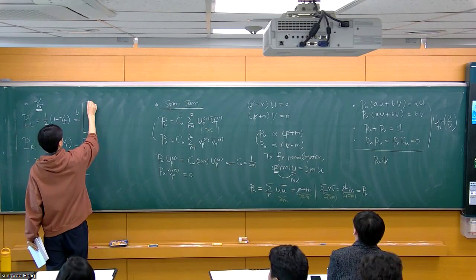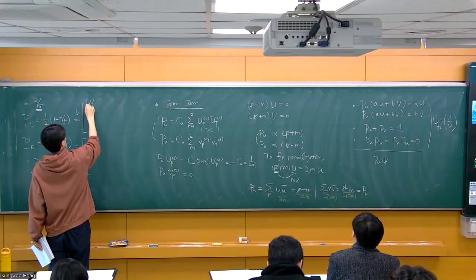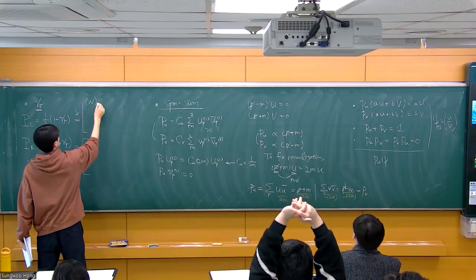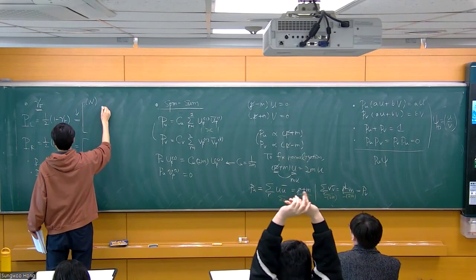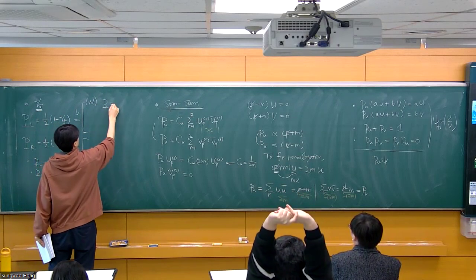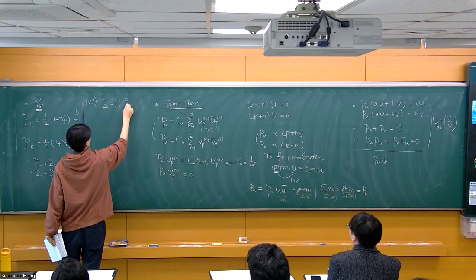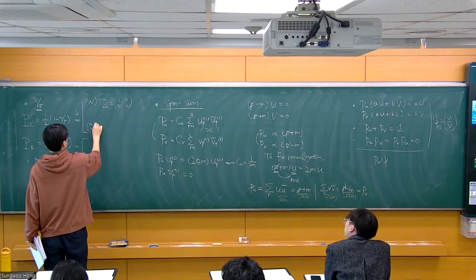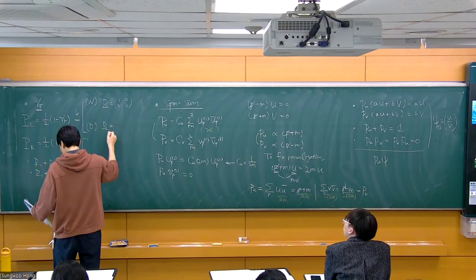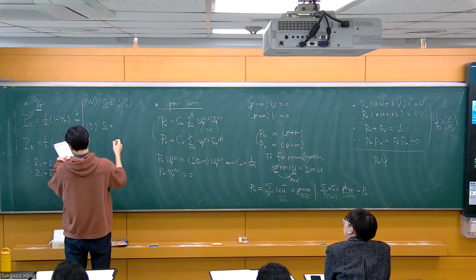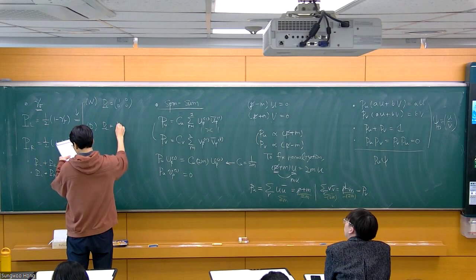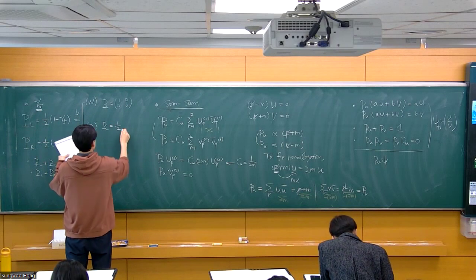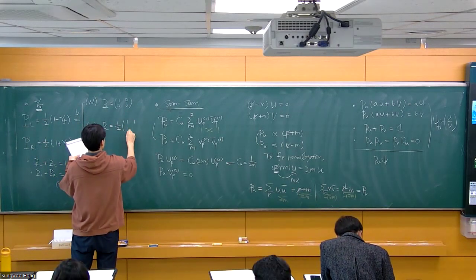So in the Weyl representation, you can use gamma 5 in the Weyl representation to see that P_L is 0, 1, 0, 0, 0. On the other hand, if you use the Dirac representation, we can show that this thing looks like 1, 1, 1, 1.